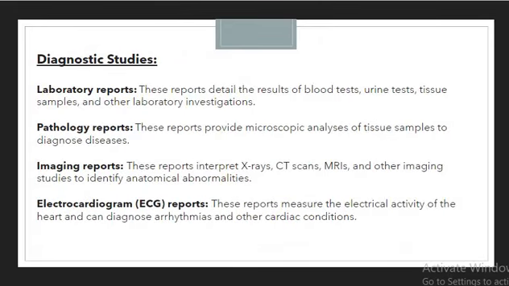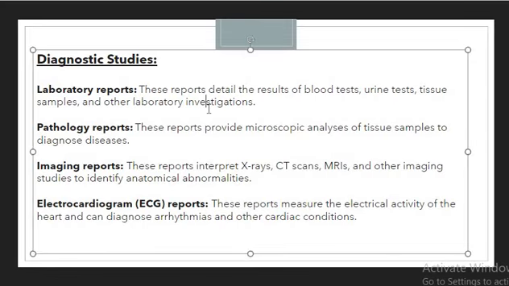Then we have laboratory reports or lab reports. These reports detail the result of blood tests, urine tests, tissue samples, and other lab investigation. Okay, let's say if someone is facing some medical issues and has visited the doctor, and the doctor has asked him to bring the blood test report. So these reports are also used as a source for the medical coding, right?